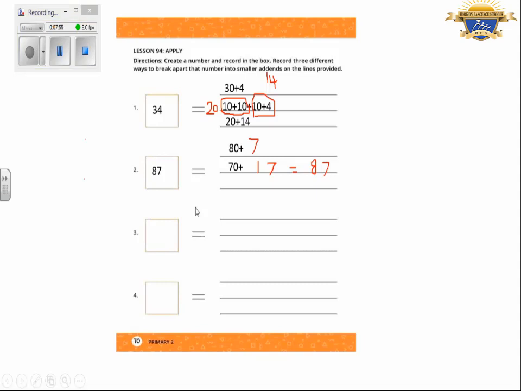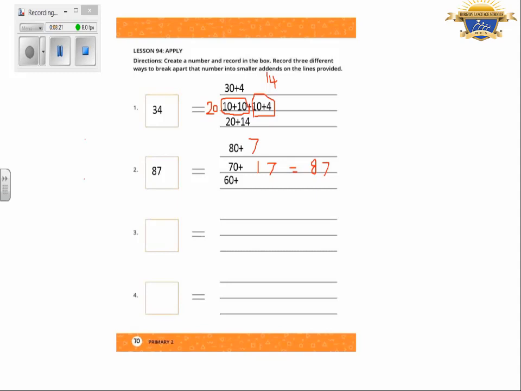The third way, I will write 60. So I take 2 tens from 80. Because at first I have 8 tens, but I write here 60. So I take away 2 tens. What will I do with 2 tens?